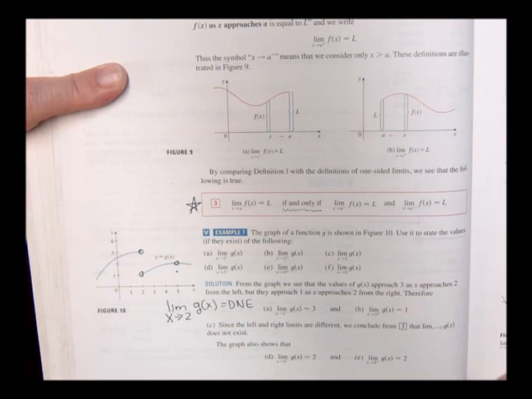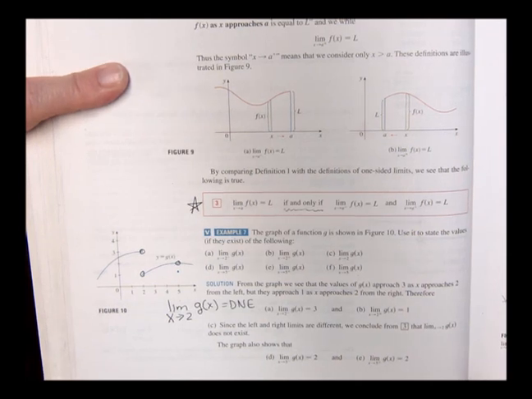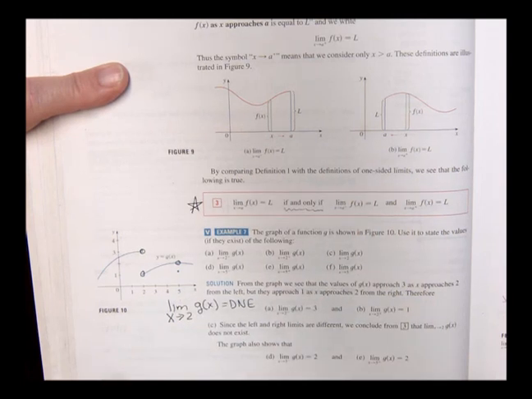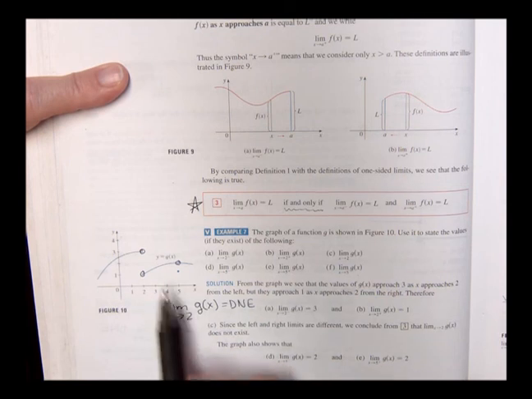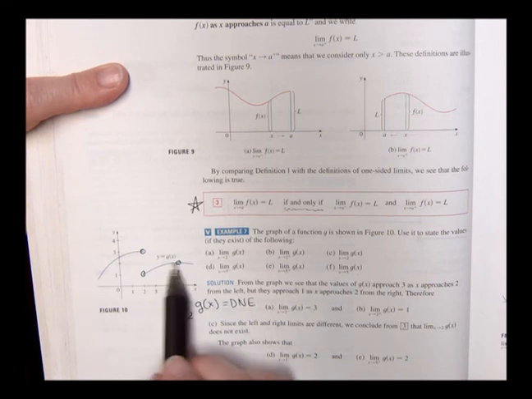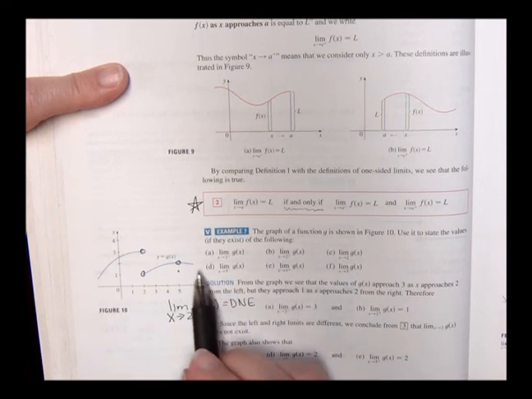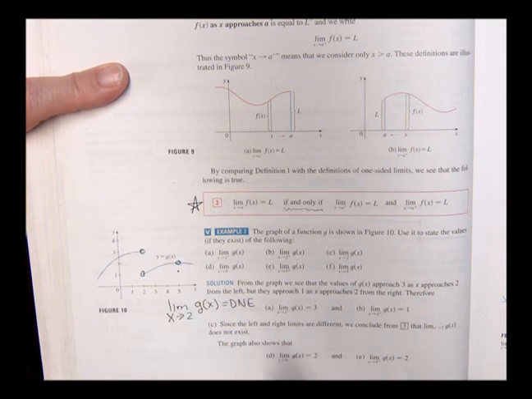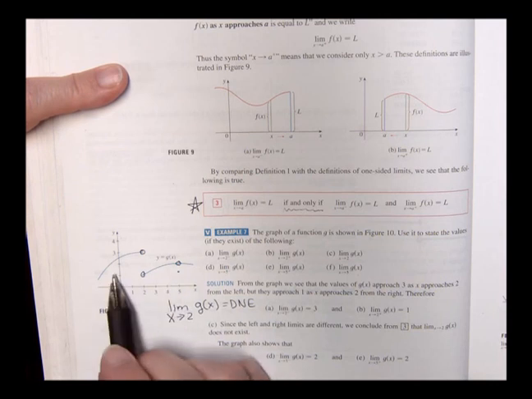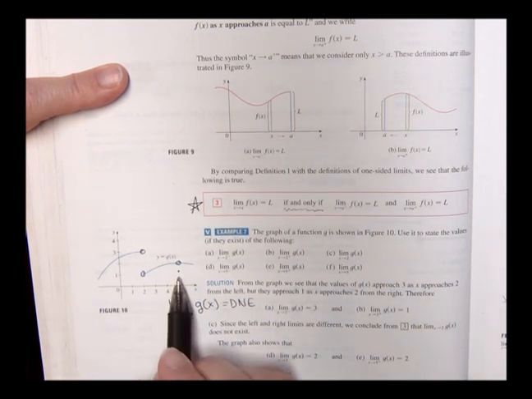All right, let's look at D. We're looking at 5 now. So we go over to 5, and we see what values I'm going to get as I approach 5. Well, when I approach it from the left, I get a value of 2. When I approach it from the right, I get a value of 2. Even though I have a solid dot down here at, looks like a little more than 1, I'm ignoring that because I'm looking at the limit, which is what it's approaching and not what its value is.